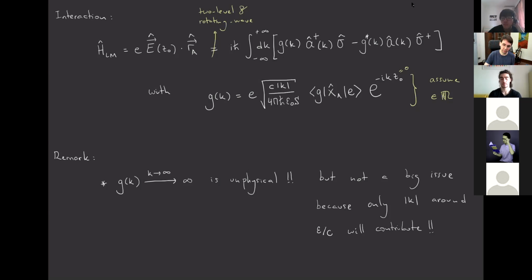Let me show you what happens under the same approximations as with the open cavity, and let me remind you what these approximations are.